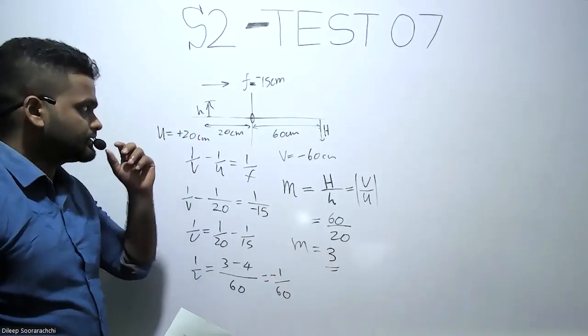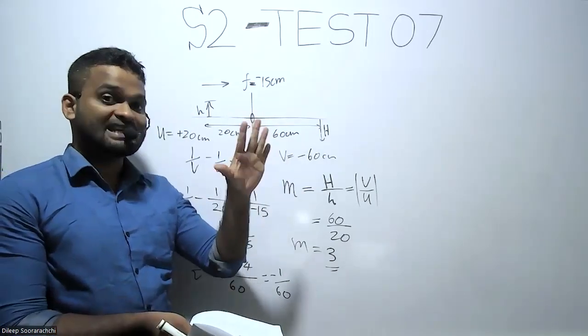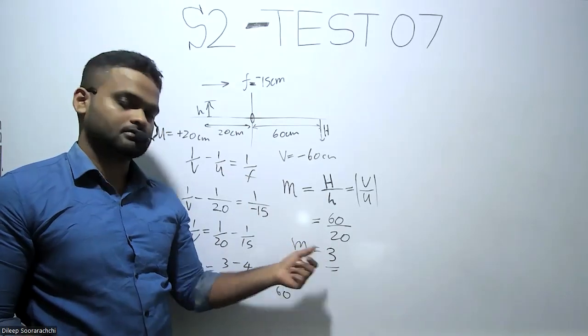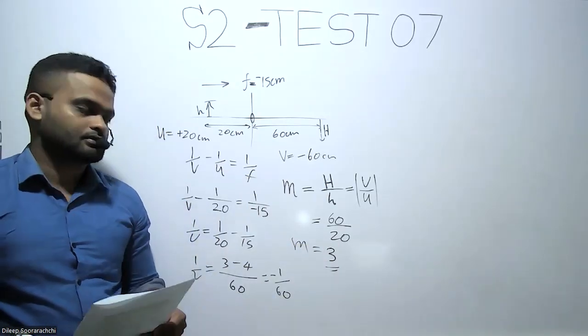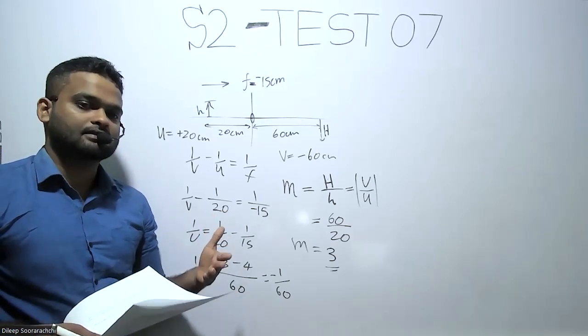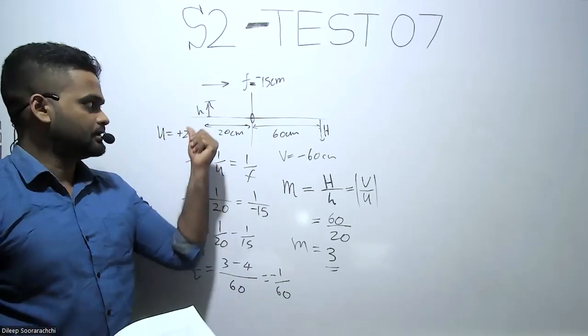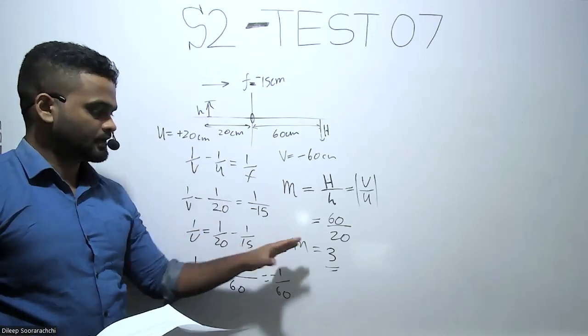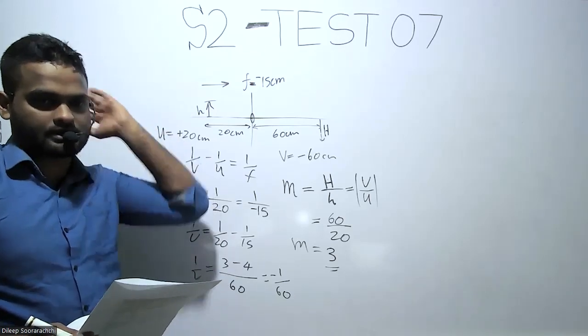So that means the size of the image has increased by 3 times. That's what it means to be linear magnification: how many times the image has enlarged compared to the object. So that is 3 times for this question. So the answer should be the third one for the third question.